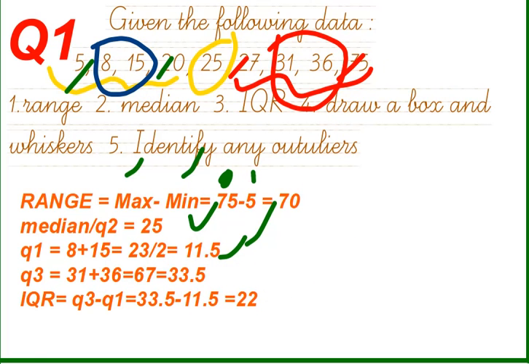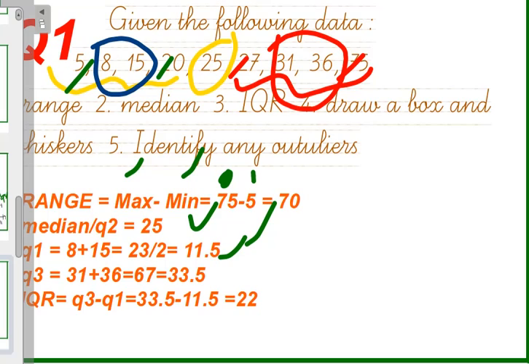This is our last question, by the way. So let's draw a box and whiskers. We first have to draw a number line that fits all the numbers we want to put there.